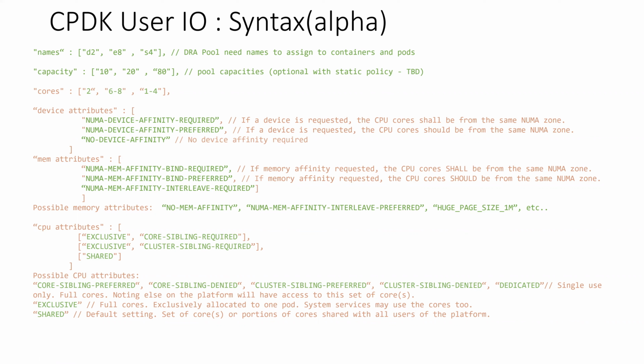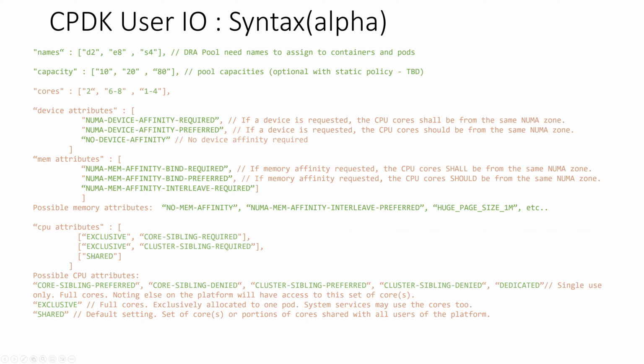Preferred, you get the max number of available memory controllers. Right, and then there are further attributes which we are thinking about. So we will need something for huge pages. This is more long-term, not only alpha, most probably also for beta scope, as we wanted to deal with CPU first in the alpha stage. But when we start thinking about memory, those are the things we could pull in.